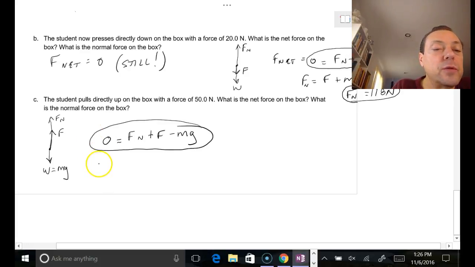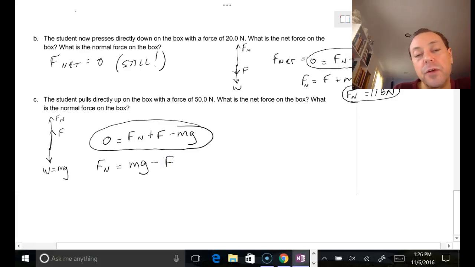I'm going to solve for normal force, and I get mg minus the applied force. With my applied force, I'm actually helping to hold the box up, right? So if there was no applied force here, then the normal force would be equal to the weight.